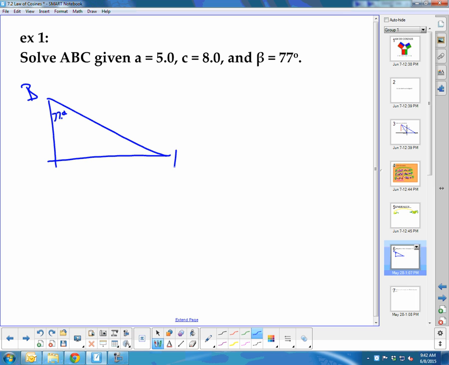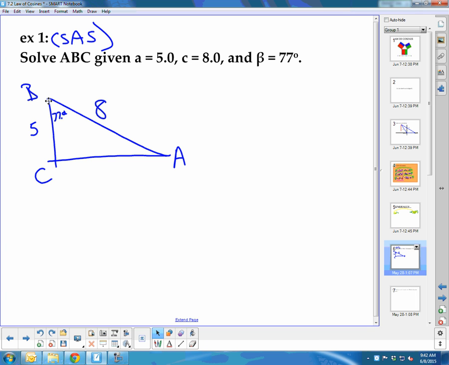Maybe I'll mark these as a and c, which means side a would be marked here as 5, and side c would be marked here as 8. So we can see this example is a side-angle-side scenario. We've been given two sides and the included angle.